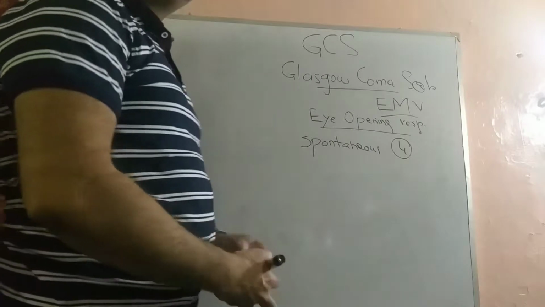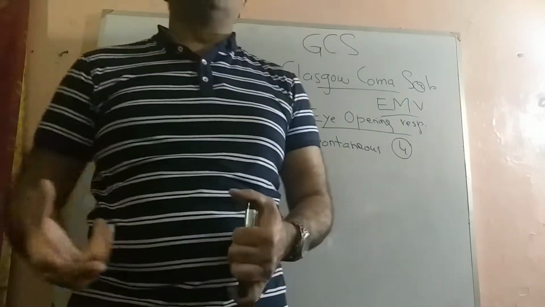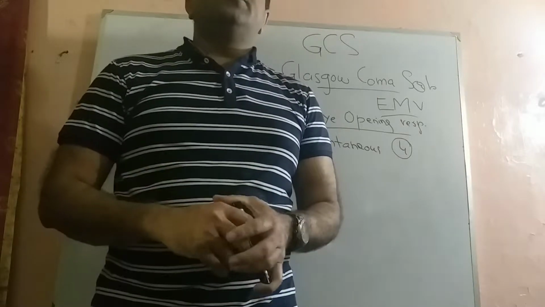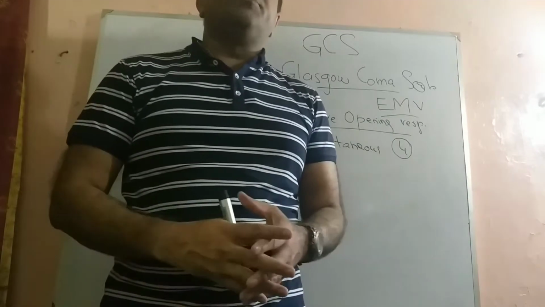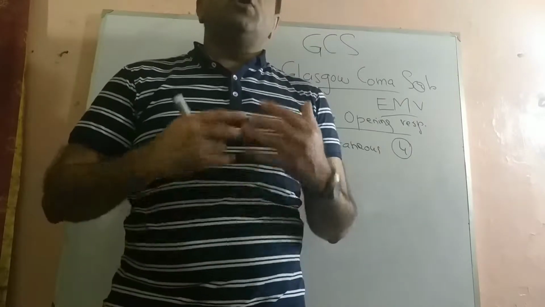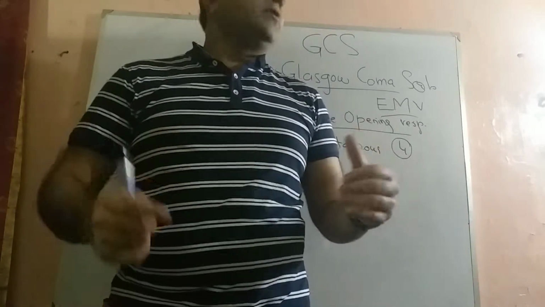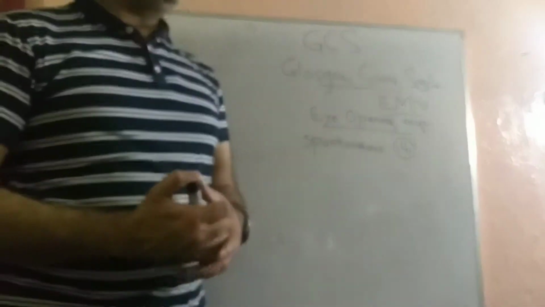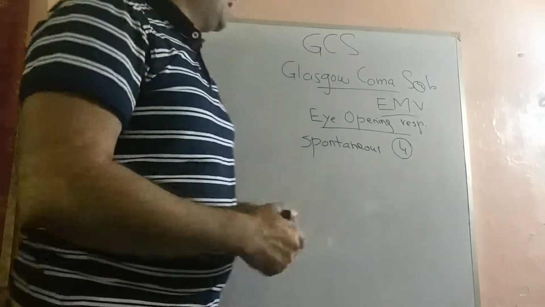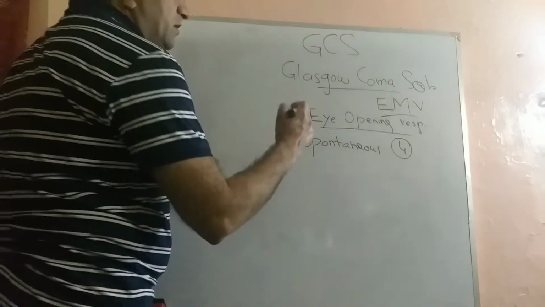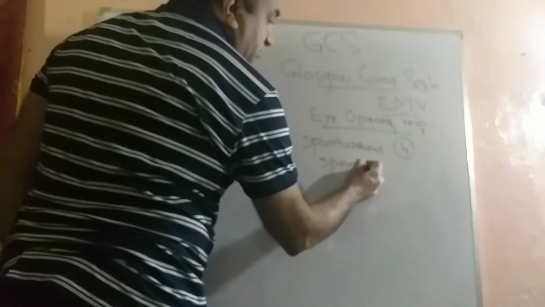Now, if you go to a patient and the patient is lying on the bed with the eyes closed, and you try to show the presence of you and the family, and the patient doesn't respond, then you call the patient by name or by something like sir, ma'am, and if the patient responds to the speech and opens the eye purposefully, then this is known as eye opening to speech.